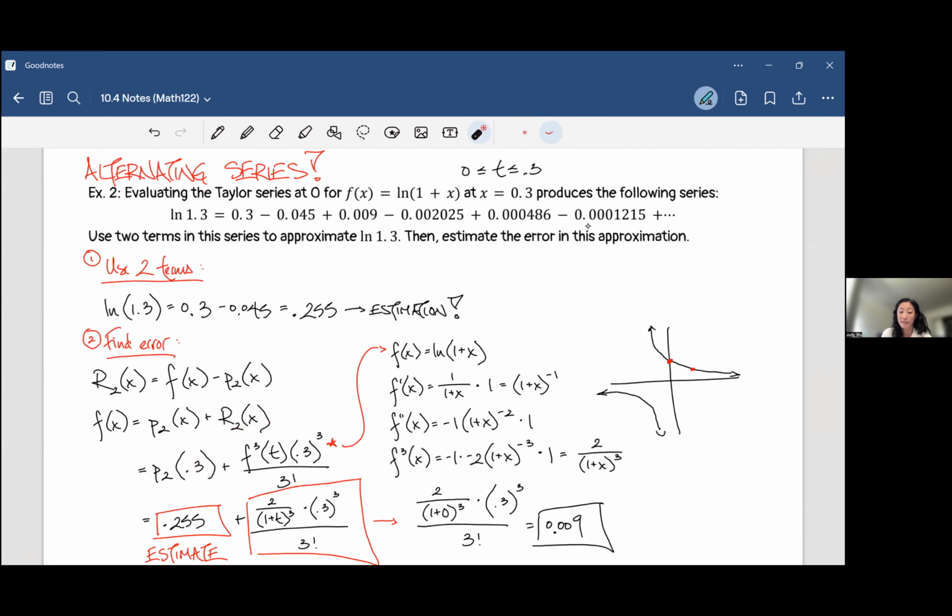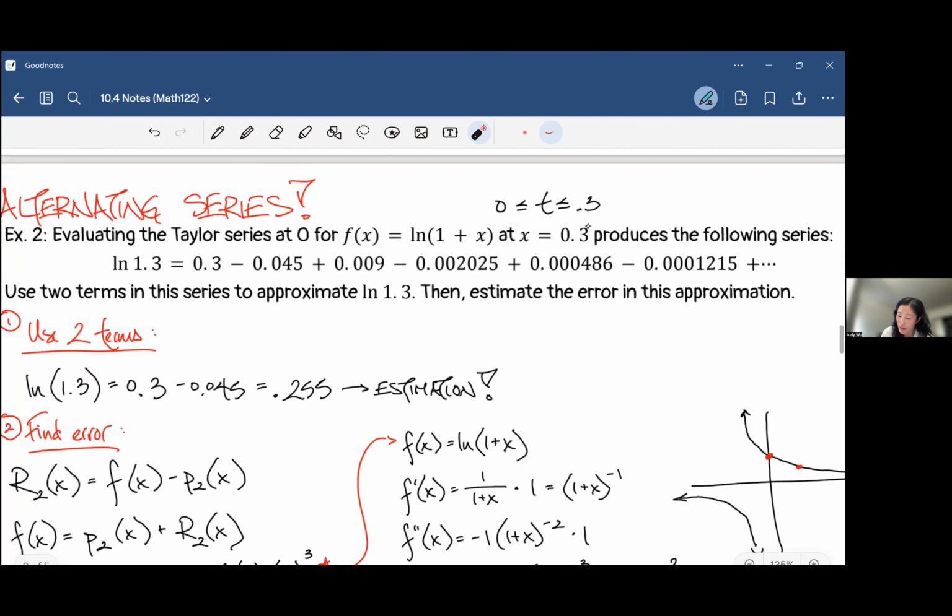Okay, so when we look at our term right here, this tells us, if we have an alternating series, we can just take the third term in our estimation. Because look, we did all this work like we did in the previous problem. We ended up with 0.009, but let's go back to what they gave us for a moment.